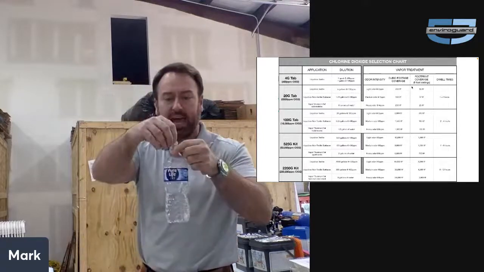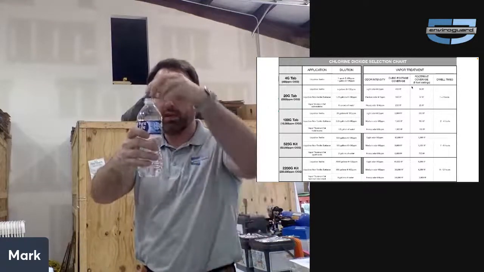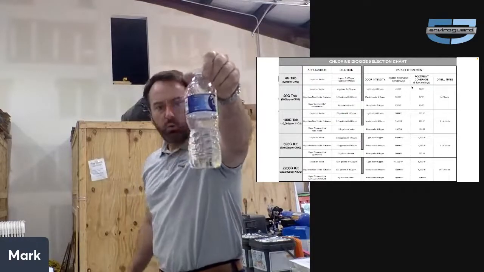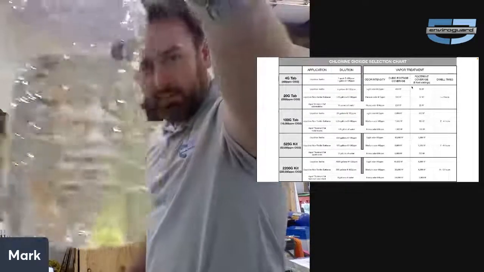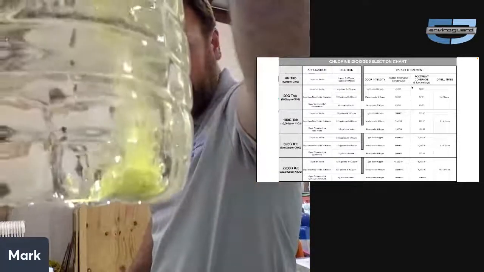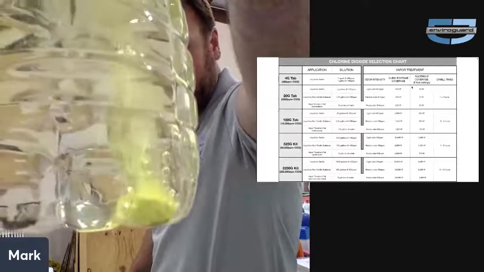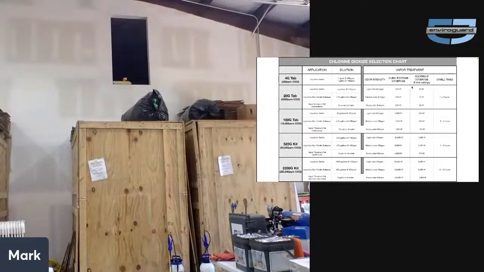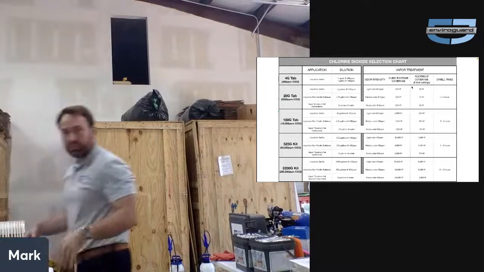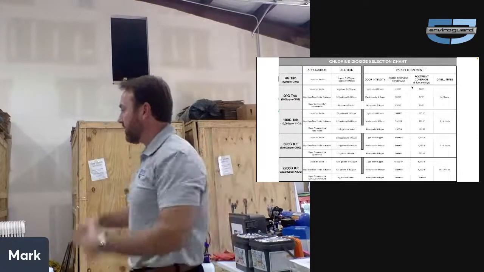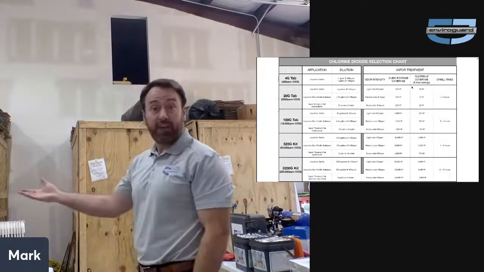This is a 1 gram tab. I'm just going to throw it into our bottle here. Keep getting that wrong, okay? And if you look close, you can see that that is immediately dissolving, okay? So as we speak, that product is making chlorine dioxide for us, and that will be a disinfectant.